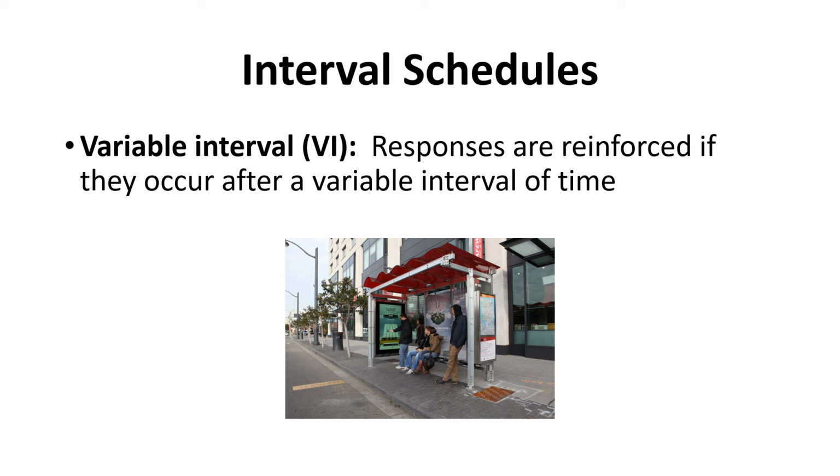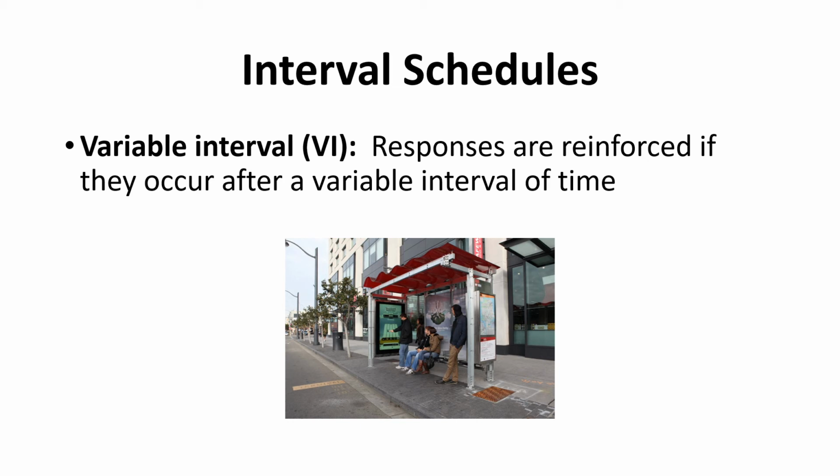So this is when responses are reinforced if they occur after a variable interval of time. So again, after a certain amount of time has passed, but we're taking the average amount of time, and it might be longer, it might be shorter. Whereas our fixed interval might say every 10 seconds, our variable interval would be something like every 10 seconds plus or minus 3 seconds.